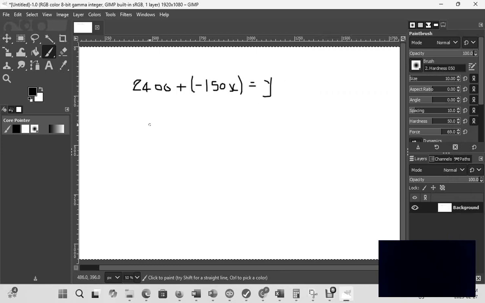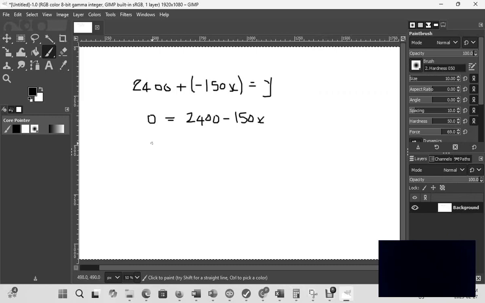So if y is equal to 0, because we've been asked how long it takes for this equipment to have no value, this will be 0 equals $2,400 minus 150x.